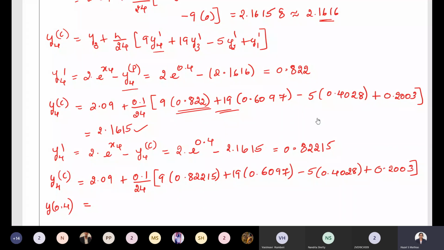Ramu, what is the answer? 1615, ma'am. Okay. So y of 0.4 is 2.1615. Is it clear, everyone? Yes, ma'am. Okay, let's discuss the next question.